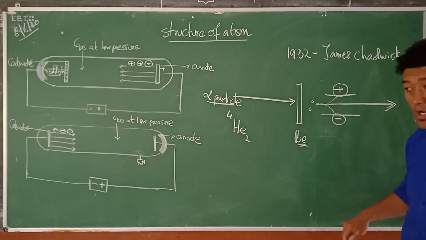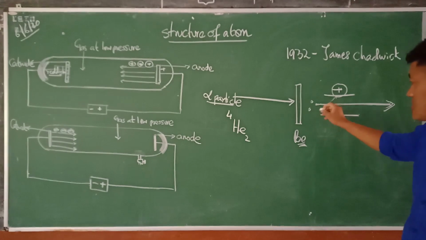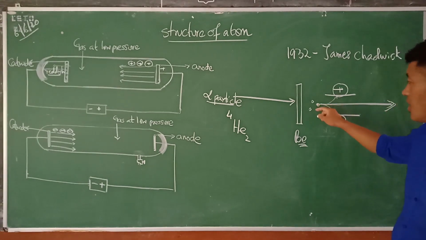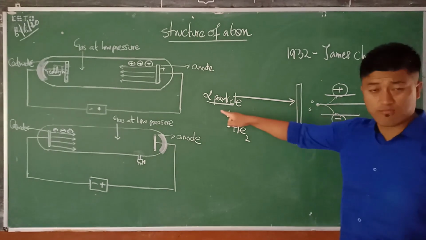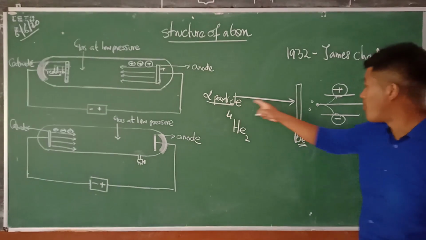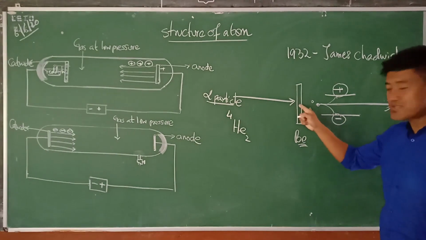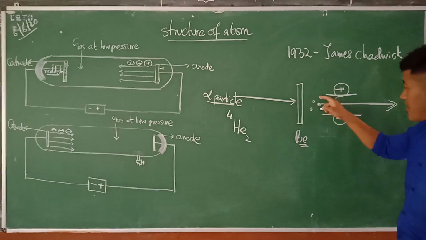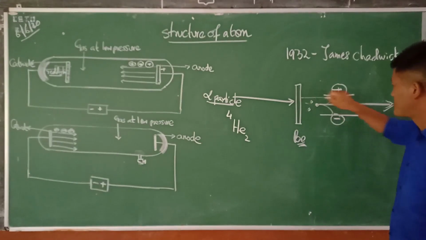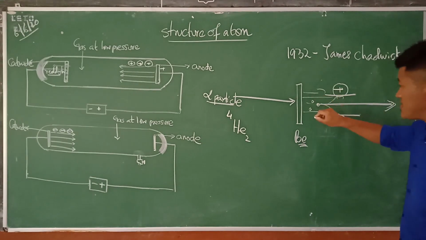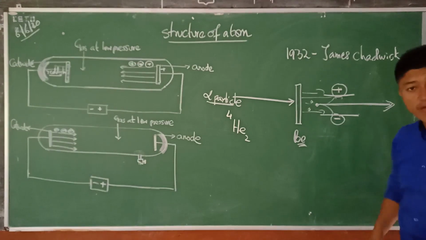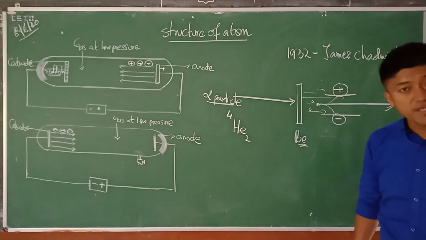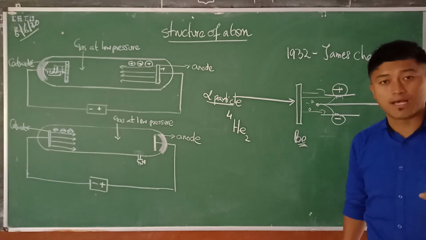So he confirmed that the mysterious particles being kicked off when the alpha particle is bombarded on a beryllium atom, being shot up from this direction, do not carry any kind of charge, but have some amount of mass.